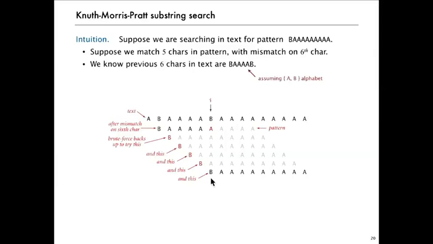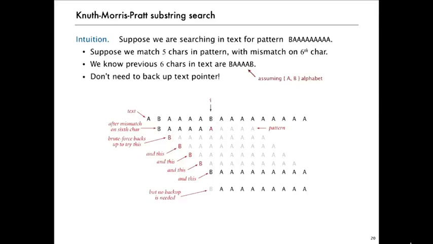But the key point is that when we got that mismatch, if all we have is A's and B's, we already matched B, A, 4 A's, and we got a mismatch, so it's a B. So at that point, we know what the previous characters in the text are. And we know that if we move over one position, we're going to be trying to match B against A. So we should be able to take advantage of that knowledge.